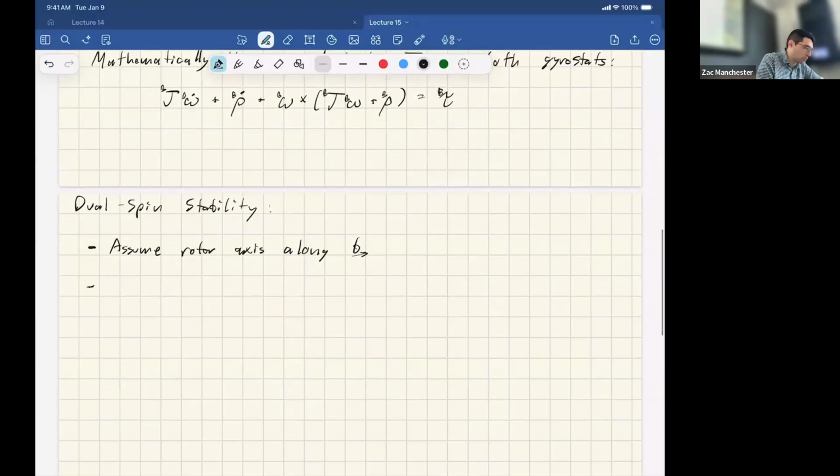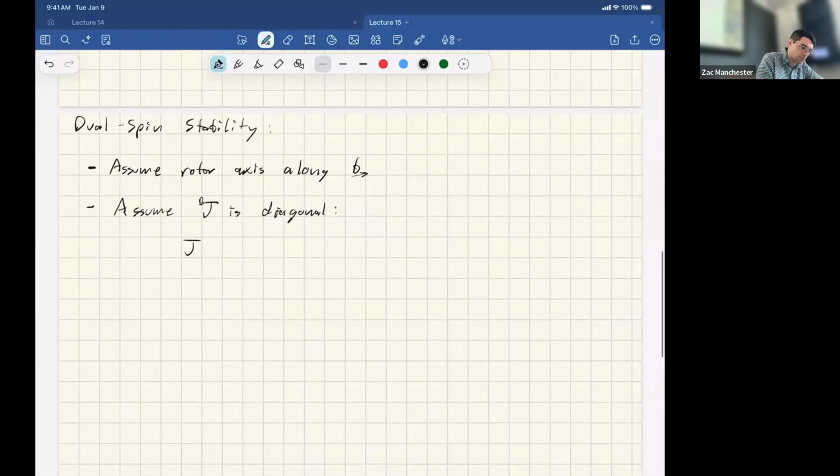And then we'll assume that we're in some diagonal sort of principal axes coordinates to make the math easy. So we've got an inertia that looks kind of like this. We'll call it Jx, Jy, and then Js for spin axis, I guess.